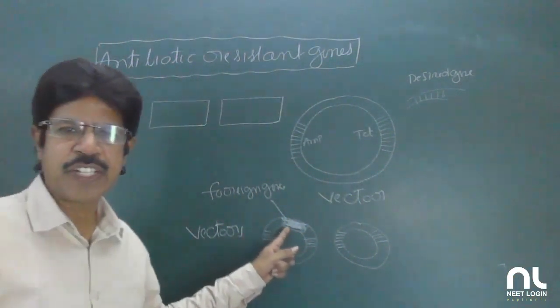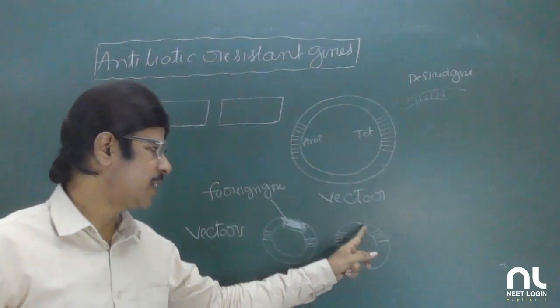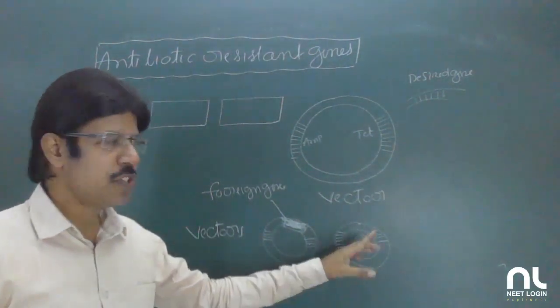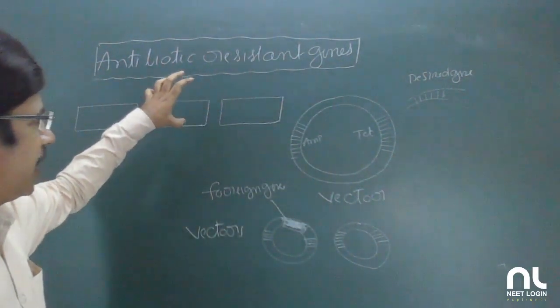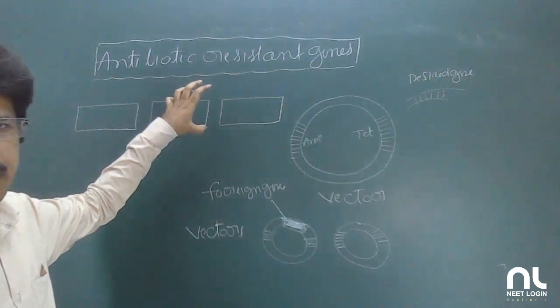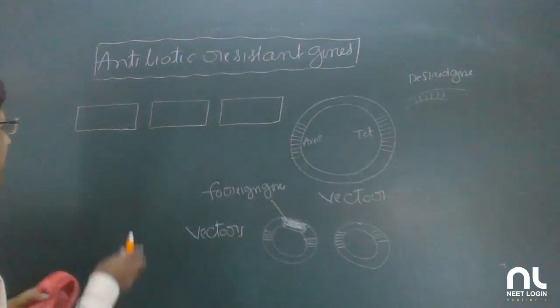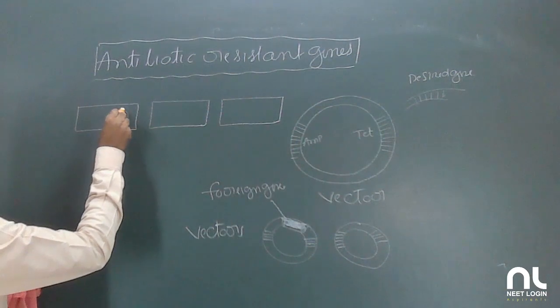One vector with the foreign gene, the other vector without the foreign gene, which are allowed into the cells, the transformation into the host cell.